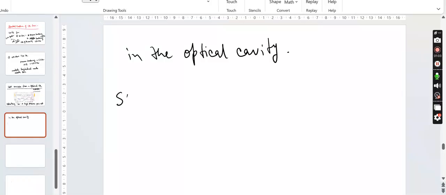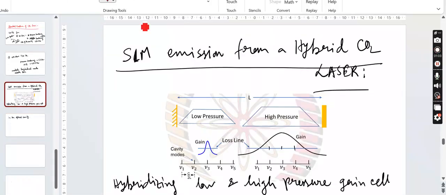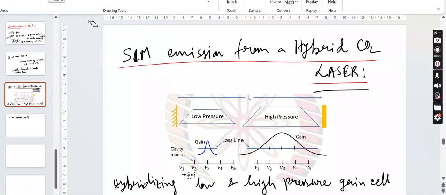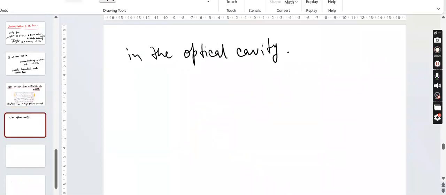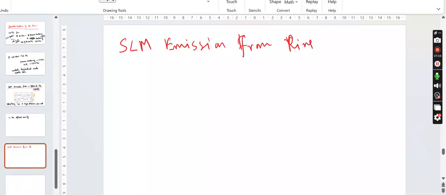Another technique is SLM emission from a ring cavity carbon dioxide laser.